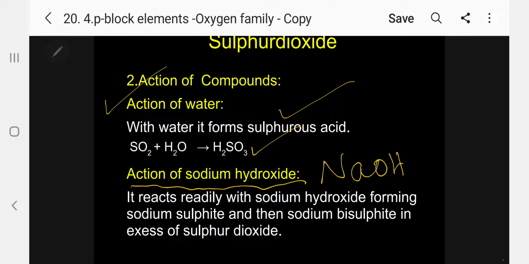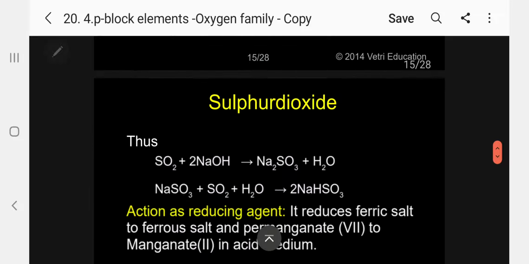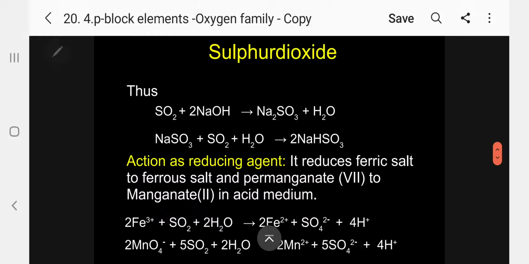It reacts readily with sodium hydroxide, forming sodium sulfite and then sodium bisulfite in excess sulfur dioxide. So see the reaction here. First, sodium hydroxide reacts with sulfur dioxide to produce sodium sulfite and water. With excess, it further produces sodium bisulfite.